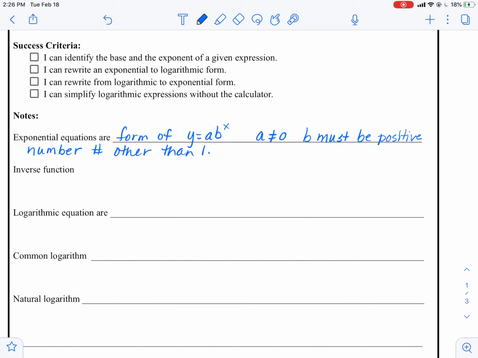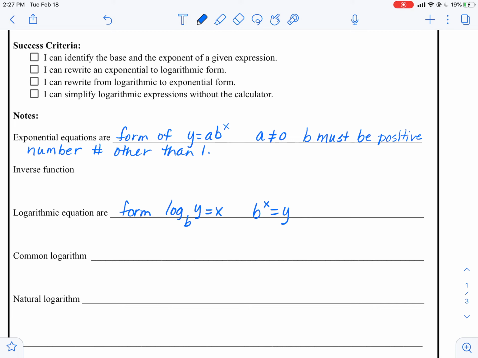So let's define what a logarithmic equation is. A logarithmic equation is an equation of the form log base b of y equals x. And that is true only if b to the x equals y.